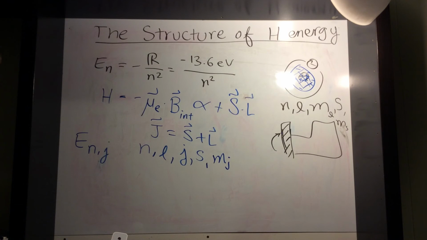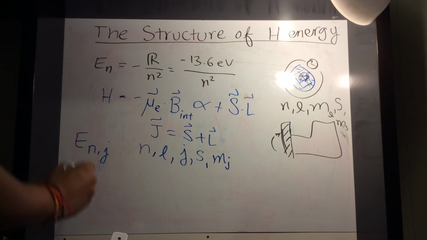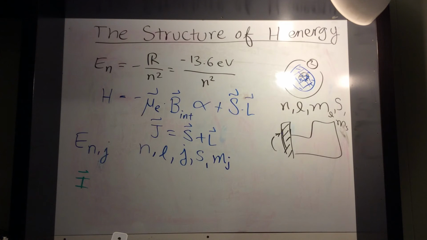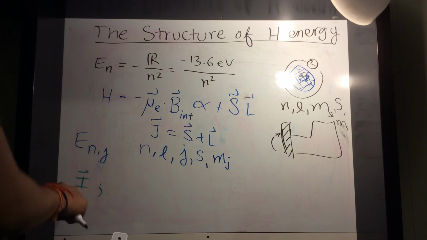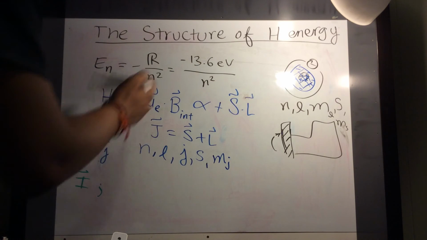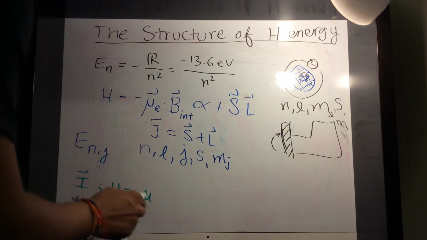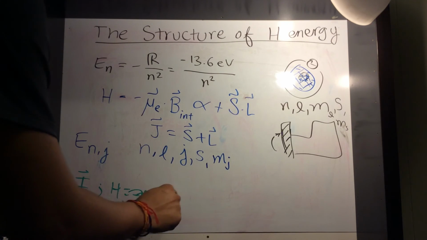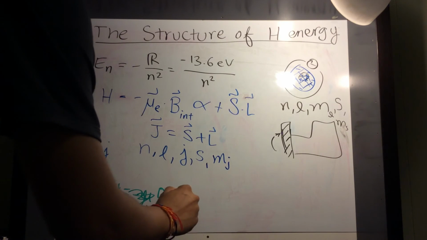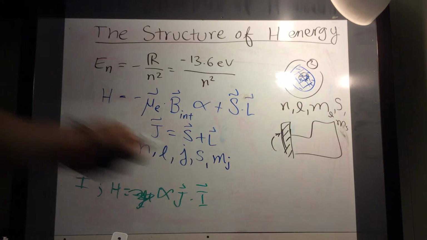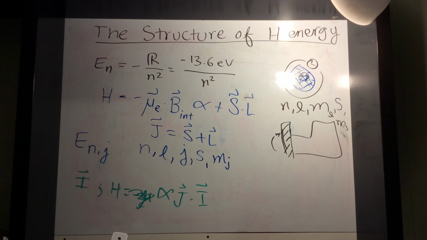Now, in the case of other atoms, when you go down the table, the nucleus of the atom has its own angular momentum, called the nuclear angular momentum I. And then obviously it turns out that this angular momentum interacts with the electron, so the Hamiltonian again becomes of some form which is proportional to J dot I. So now it turns out you can't know J, because J and I are coupled with each other.